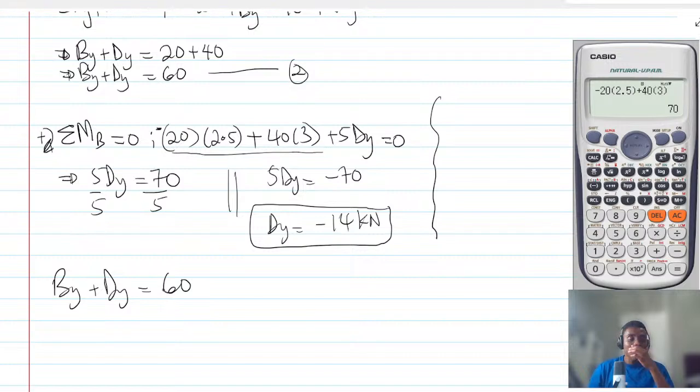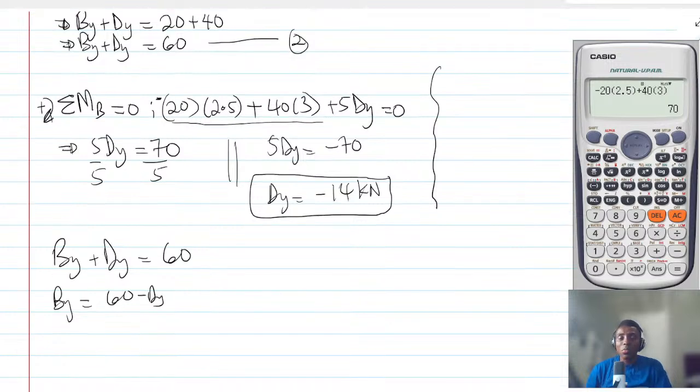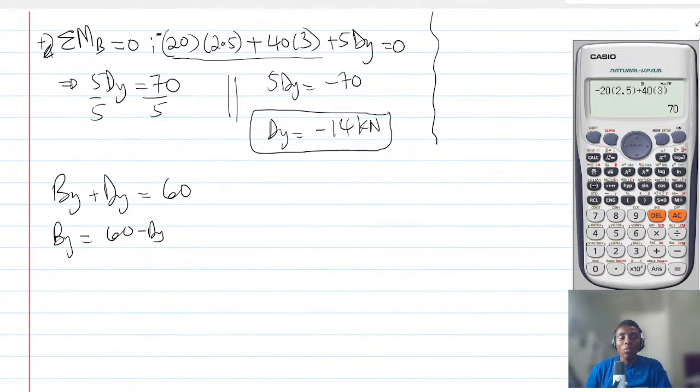You know that dy is minus 14. So by is going to be 60 minus dy. So now this is how it's going to be. By here is going to be 60 minus 14.